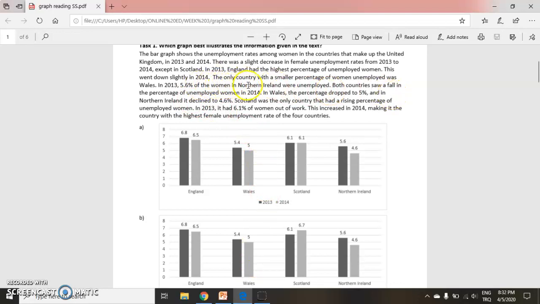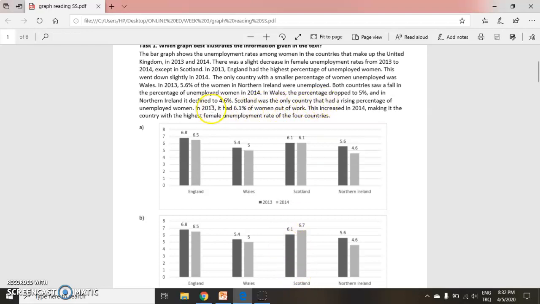But when you come to here, Scotland was the only country that had a rising percentage of unemployed women. In 2013, it had 6.1. If you look at here, this is okay. Out of work, this is also okay.